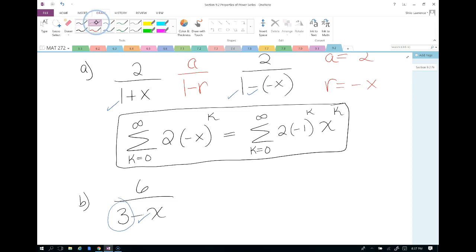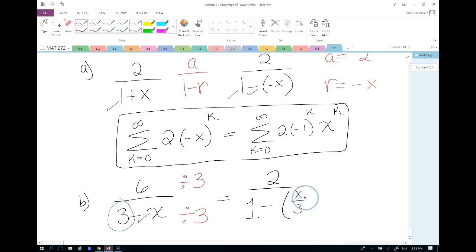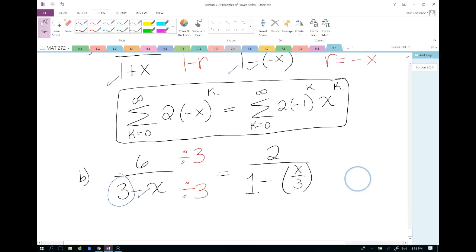So the way that we're going to fix that is divide everything by 3. If we divide everything by 3, 6 divided by 3 is 2. 3 divided by 3 is 1. It stays subtraction. X divided by 3, we can't simplify that, but we do need to write it.